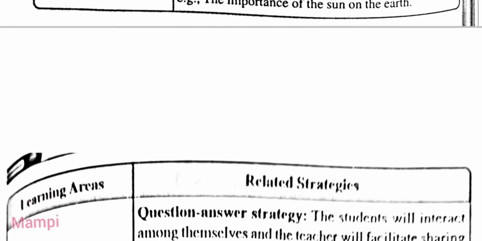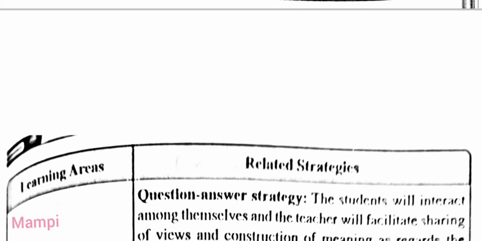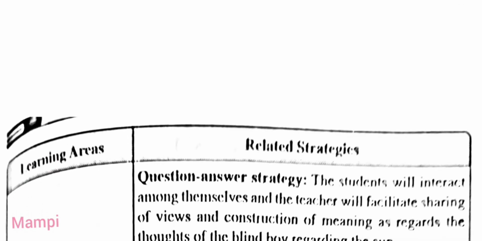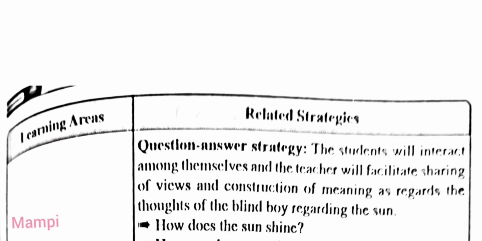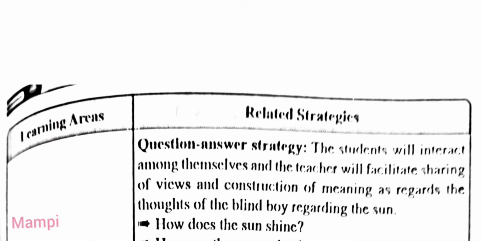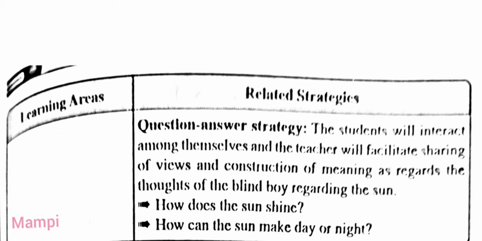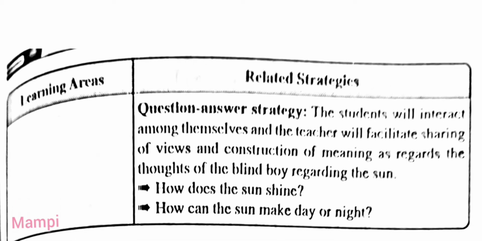The students will interact among themselves and the teacher will facilitate sharing of views and construction of meaning as regards the thoughts of the blind boy regarding the sun. First question is, how does the sun shine? And next question is, how can the sun make day or night?